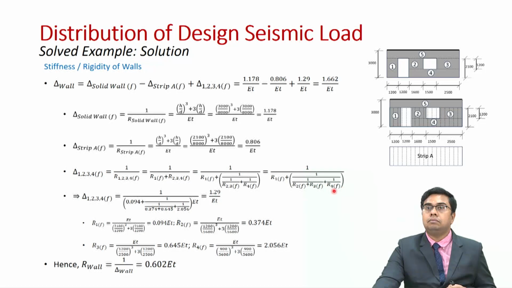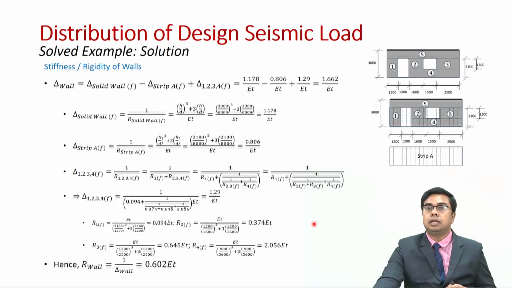So, that is how we have found this expression, and again all of these are fixed in nature, because these are surrounded by another wall segment at the top as well as the bottom. So, after substituting these values for H and D for the respective walls, we obtain the value of delta 1, 2, 3, 4 as 1.29 upon ET.